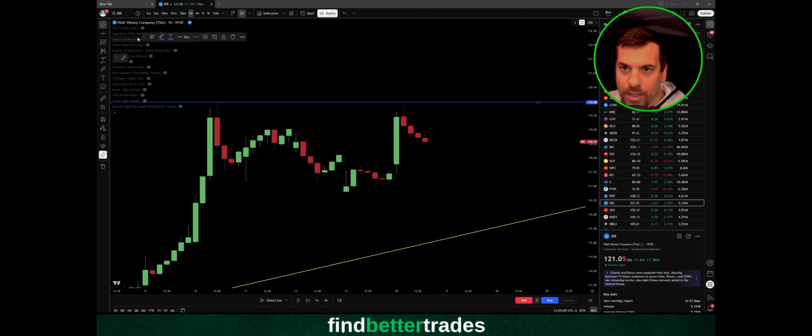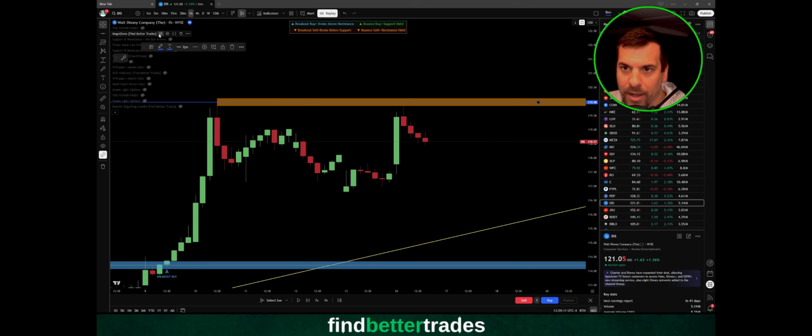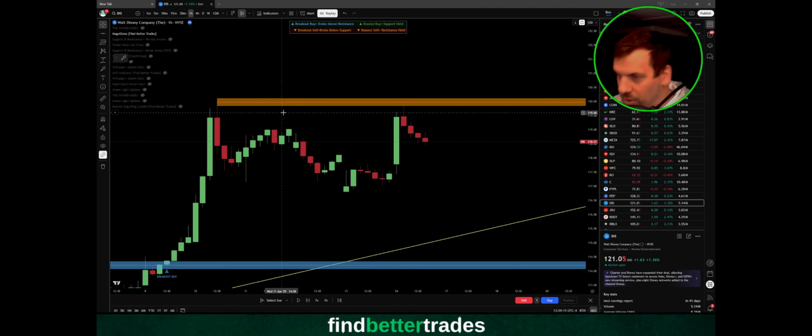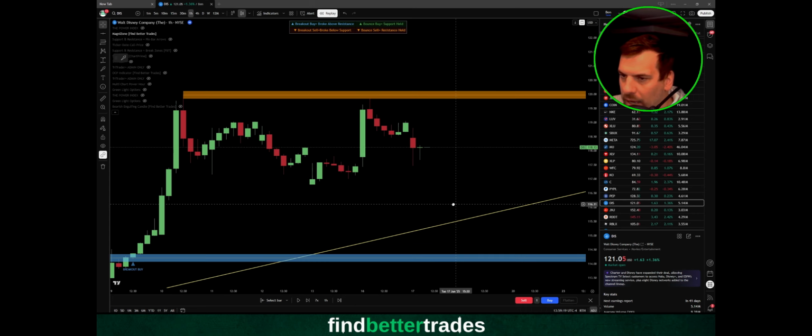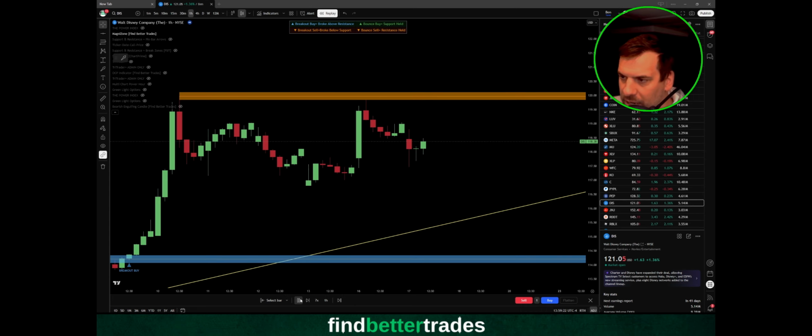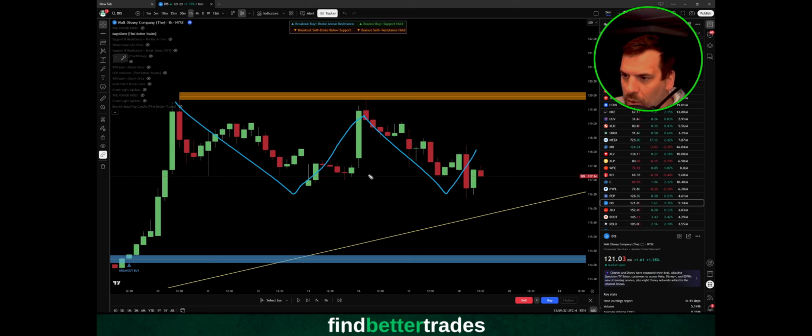So again, let's put the tool back on the chart, because it makes it a lot easier to spot these trades. And let's keep going. We're still in no position right here. What I really like to call this is a dead zone.